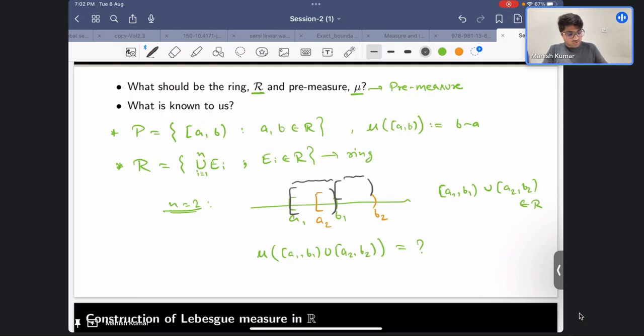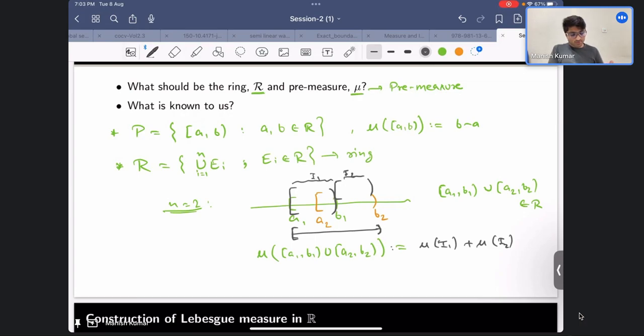Because it's closed from one side, it is open from the other side. Now this was my interval, a1 union b2, and it is covered by this I1, I2. So I can write this as measure of I1 plus measure of I2. Now the question is, can it be a definition? It seems that this should be the ideal definition we should start with, right?